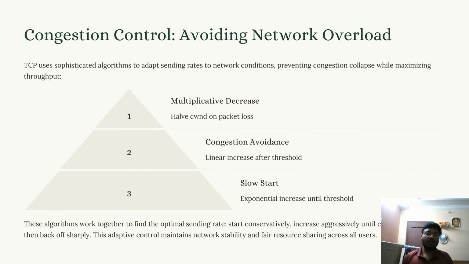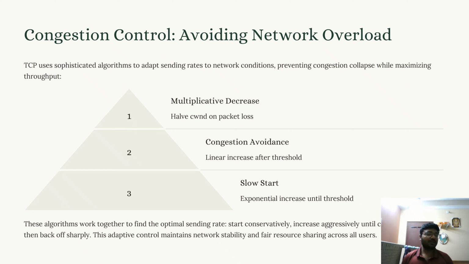Congestion control, avoiding network overload. Congestion control keeps the network running smoothly even when many users are online. TCP uses several algorithms to detect packet loss, often a sign that the network is overloaded. When congestion is found, TCP halves the sending rate, then slowly increases again as conditions allow.